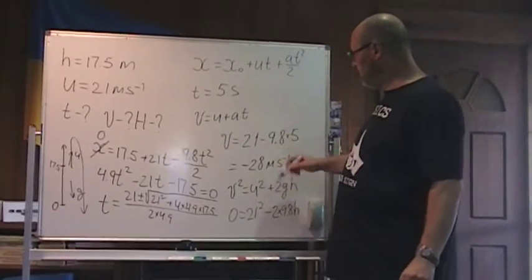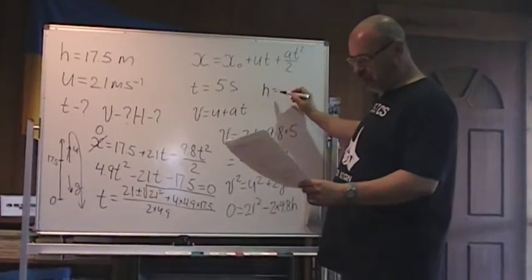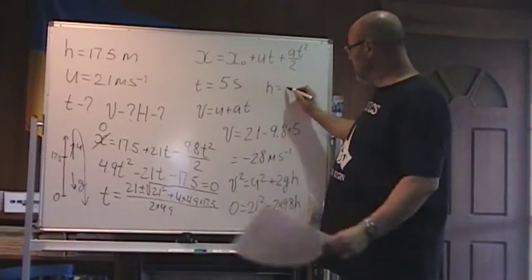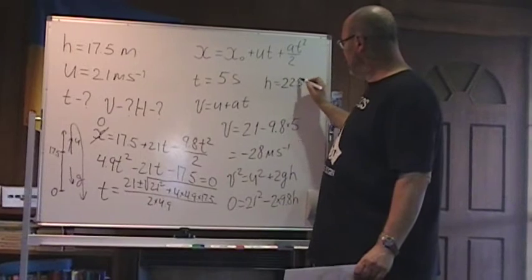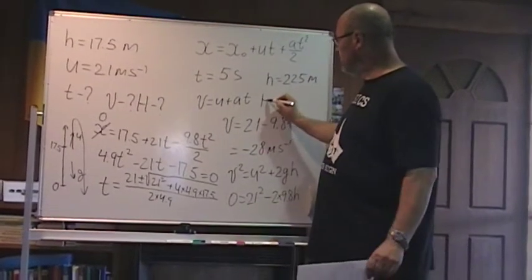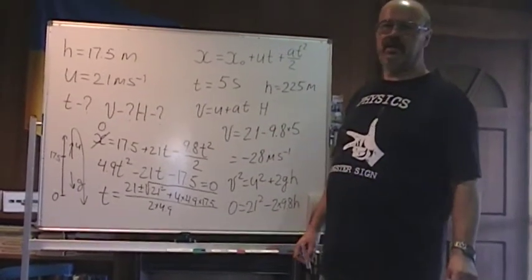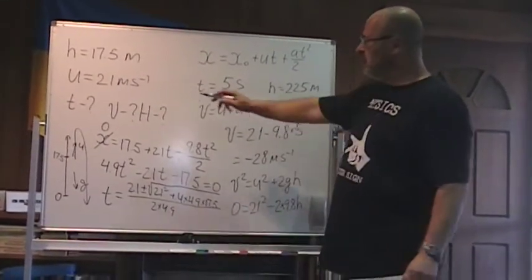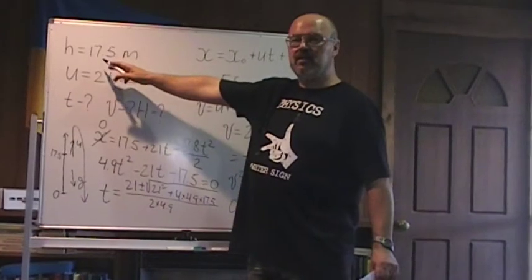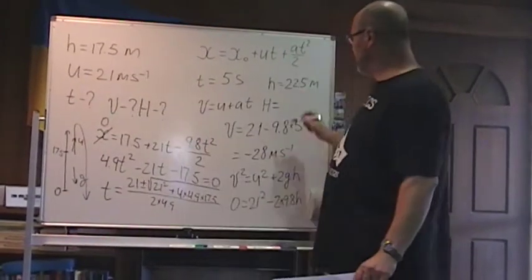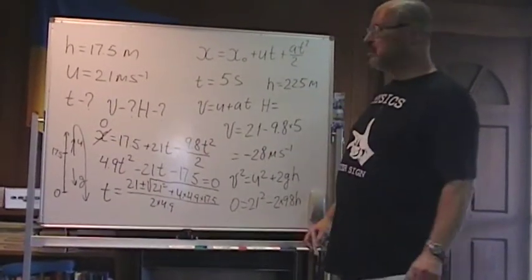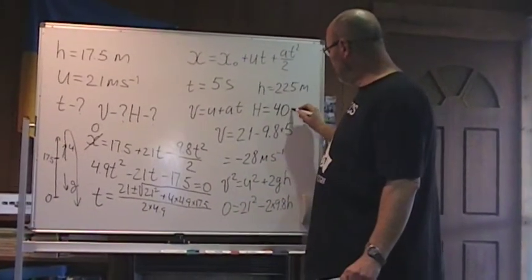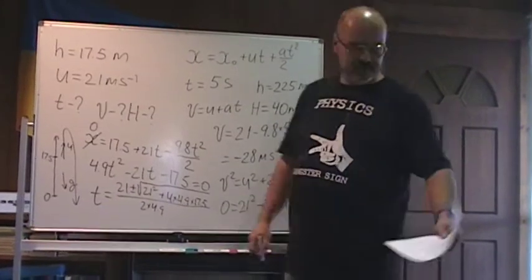Calculations give us the height equal to 22.5 meters. So for the total height above the ground that the stone will reach, we need to add its initial height 17.5 plus 22.5, and we get the answer 40 meters.